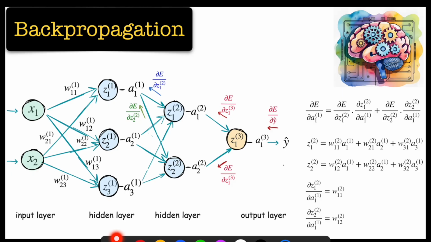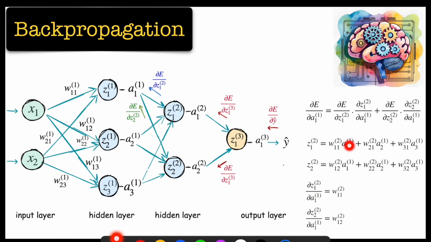If we want to quickly see the calculation as well, Z12 is what? It's a weighted combination of these three. I have not taken the bias here for simplicity. Z22 also will be a weighted combination of these three. We can easily calculate del Z12 del A11. These two we have to calculate, because del E del Z12 is already flowing from here, and del E del Z22 is also flowing. Del Z12 del A11 is what?